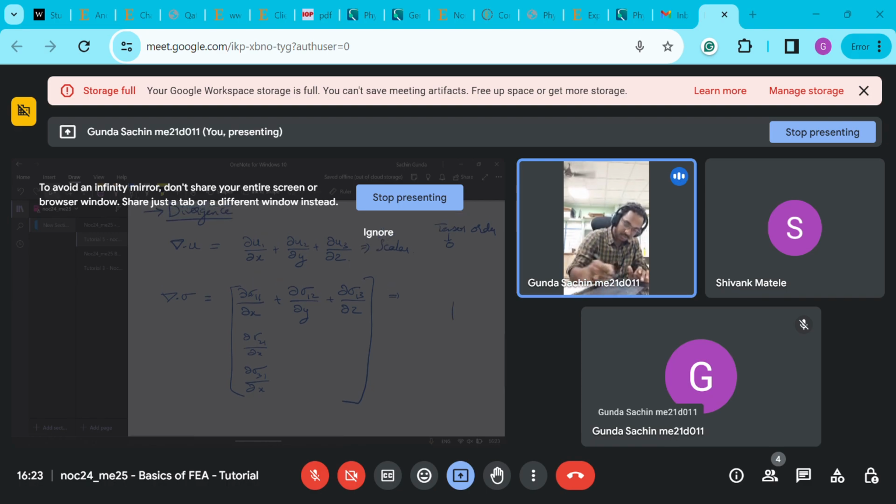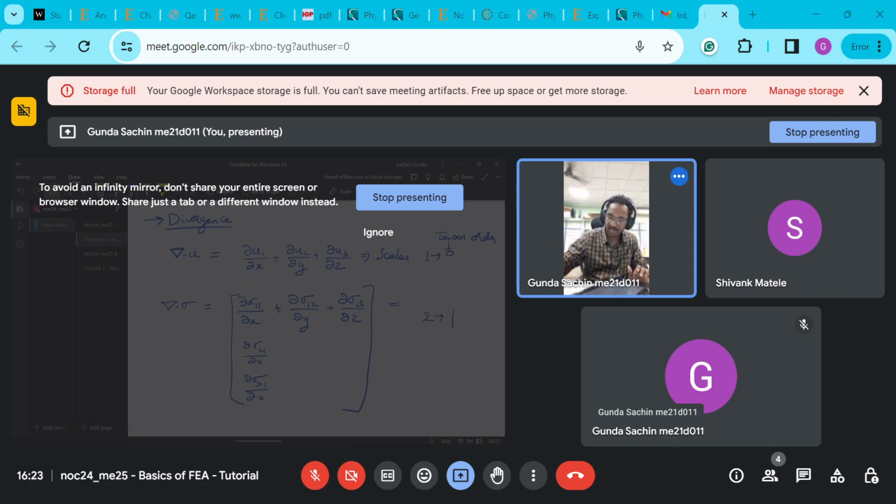Tensor order, it would become 1 from... so 1 becomes 0 and 2 becomes 1. So divergence is never applied on a scalar. So when you say divergence, when you think about it as a vector field, it's like in a 3D space, at each and every point, there is a vector associated with that point.